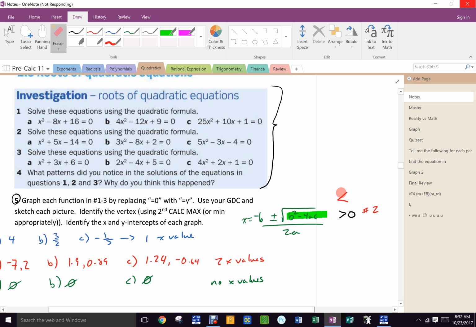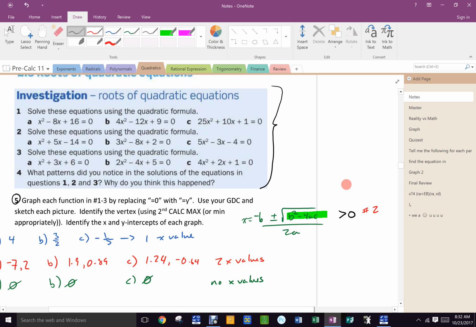And what would cause me to have the blue? That's the tricky one. It's the only one I haven't done, right? If it's less than 0, then it's the green. Number 3, no roots. But if it equals 0, then it must be the blue, 1 root.